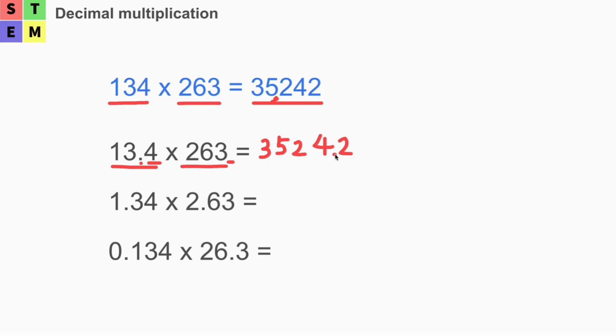So it equals 3,524.2. Why is that? Because we only have 1 digit here, so that's why we go back 1 digit.